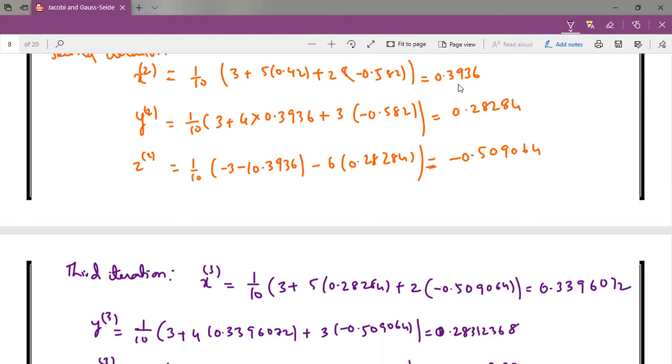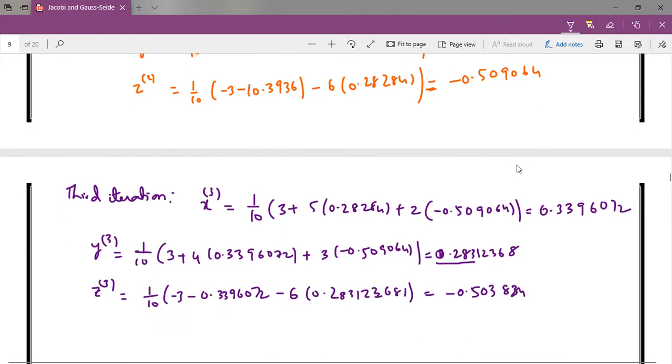Okay, so now let us compare x2 and x3. x2 you can see 3.9, whereas this is 0.339. So this is still a large difference. Whereas see y2, it is 0.282 and this is 0.283. Okay, this is approximately what we have already arrived at.